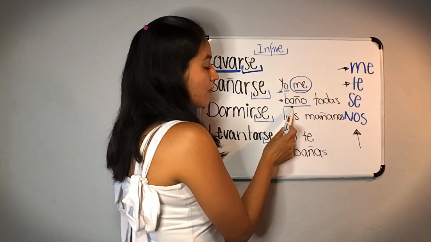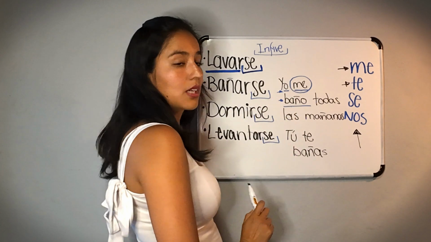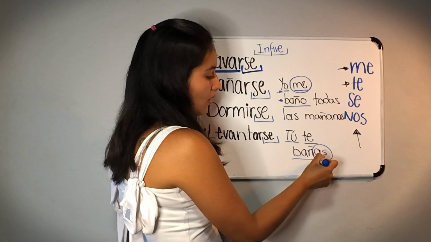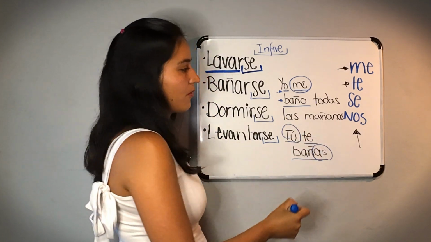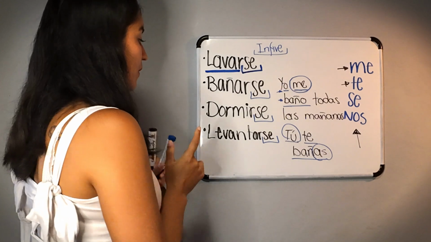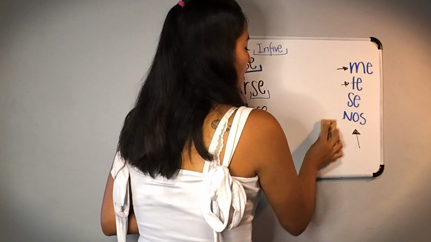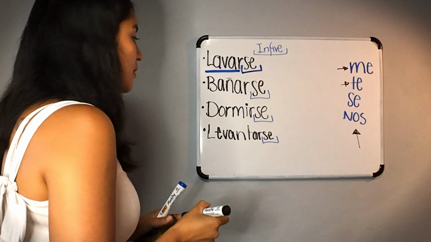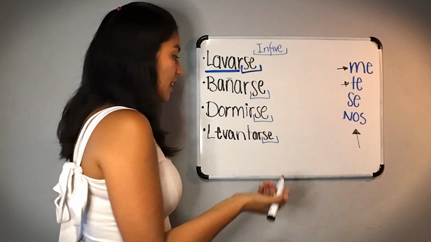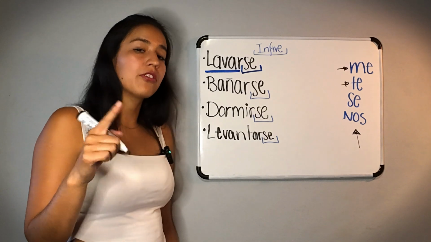This conjugation is for I, and this is the reflexive pronoun of I. Okay? Tú te bañas. The ending has to match for the you form. And we have two more examples. The next one is going to be dormirse. Remember that dormirse is an irregular verb: the ending is correct, but the root is going to change.